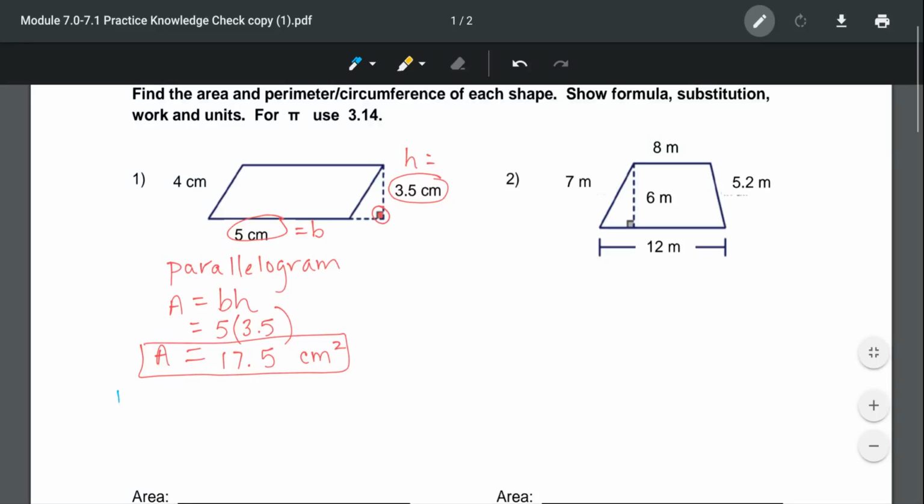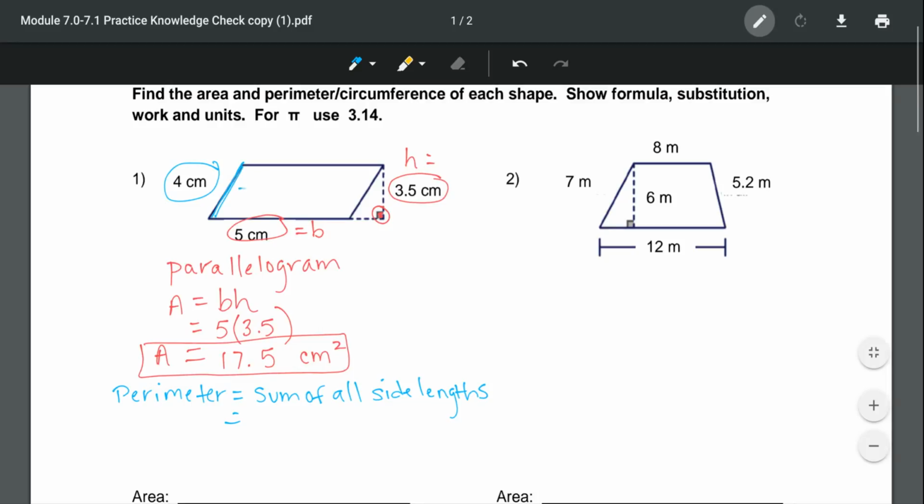Perimeter is the sum of all the sides, or the side lengths. So you want to figure out what the side lengths are. This left side is 4.